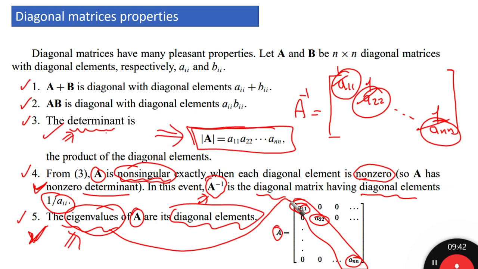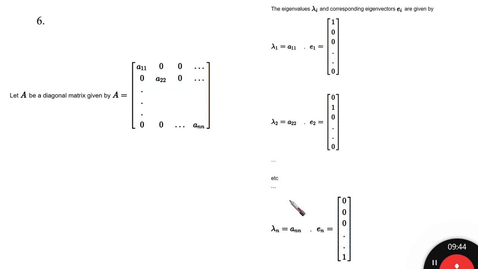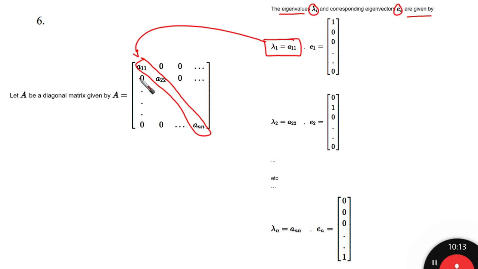Let's go to the last property that is also important for us. If we assume that A is a diagonal matrix, as we have mentioned before, only the diagonal has non-zero elements and the off-diagonals have 0 elements, then the eigenvalues lambda I and the corresponding eigenvectors ei are given by the following. The eigenvalues, as we said in the previous property, are on the diagonal.